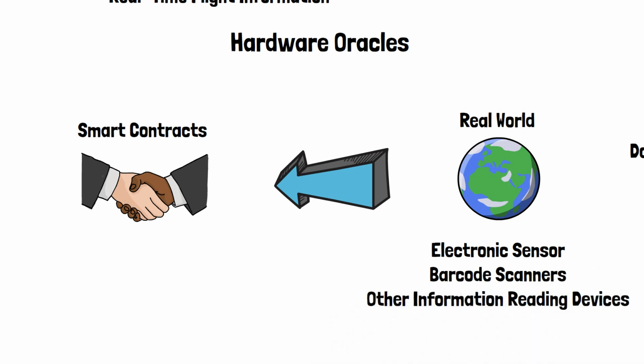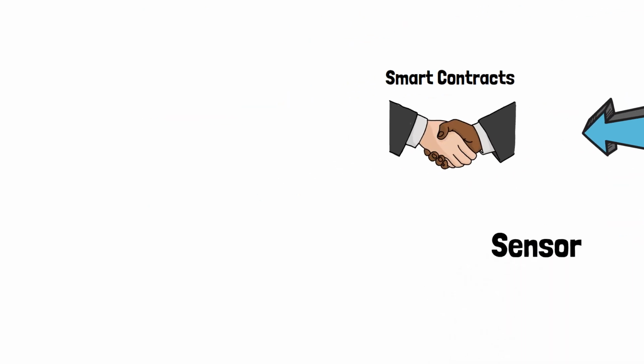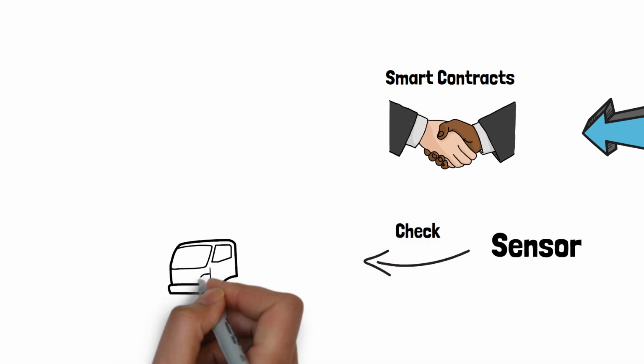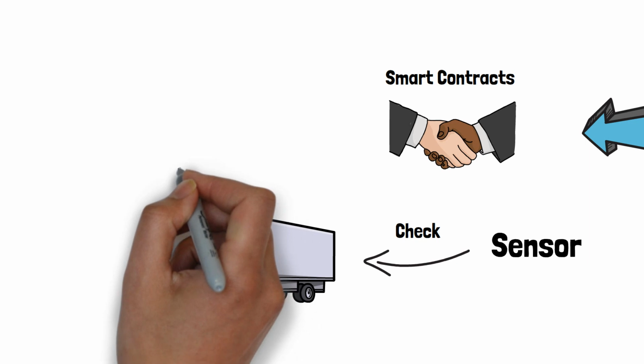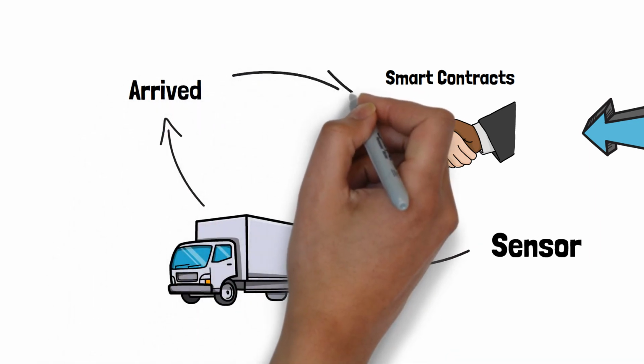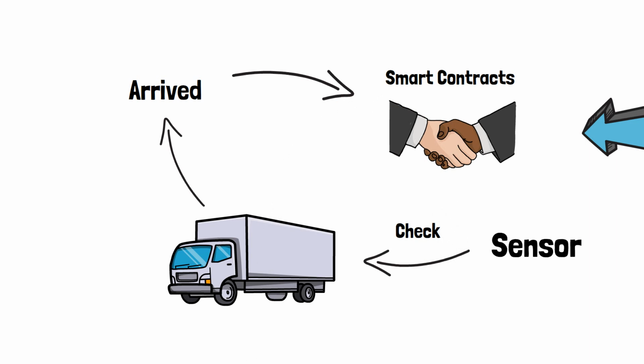A hardware oracle essentially translates real-world events into digital values that can be understood by smart contracts. An example of this could be a sensor that checks if a truck transporting goods has arrived at the loading bay. If it does, it relays the information to a smart contract that then can execute decisions based on it.